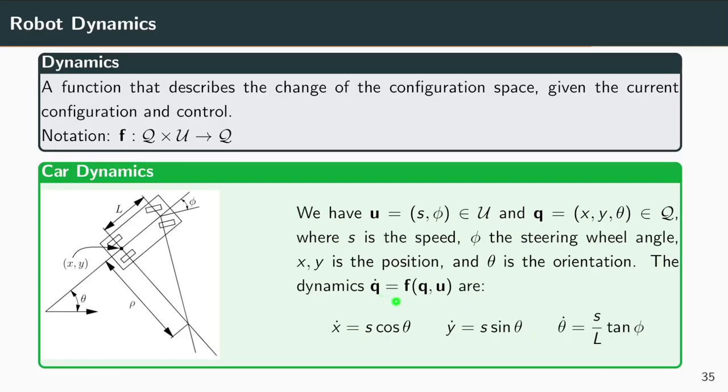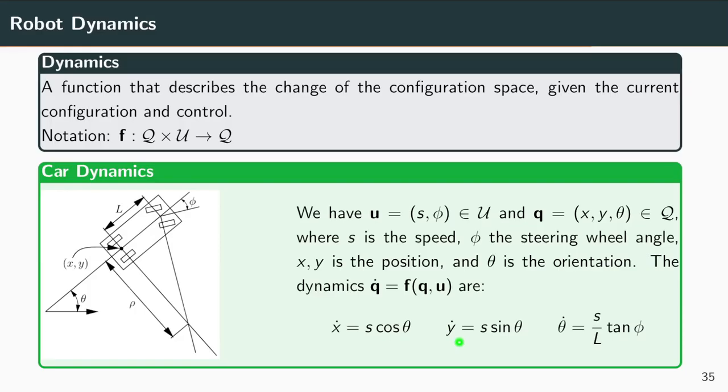And in compact form, it would be this form where everything is a vector, right? Q dot would be the vector of x dot, y dot, and theta dot. So the output is a three-dimensional vector. And then the function also gets as input two variables. Q would be another three-dimensional vector, and U would be a two-dimensional vector. But if we write it component-wise, those are kind of the components of the function f. And that basically means x dot, which is the change in the x coordinate, is just the speed of the robot times the cosine of the current angle.